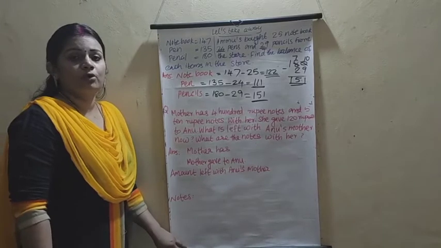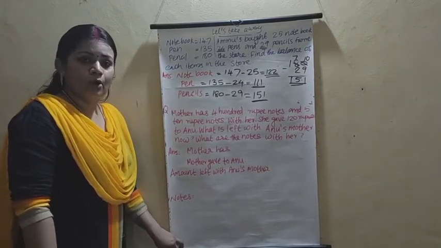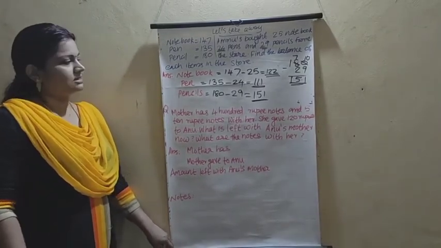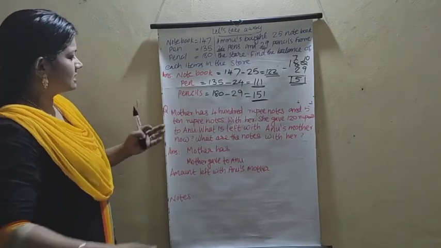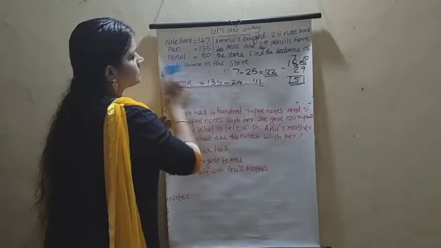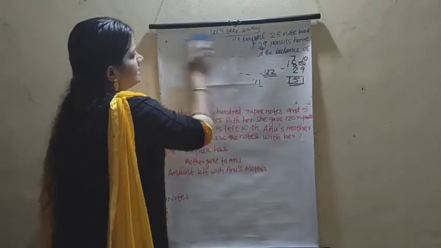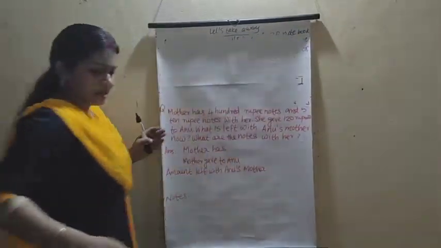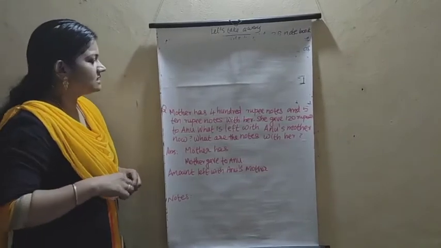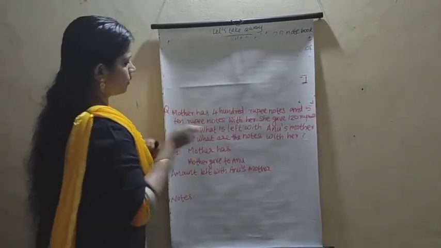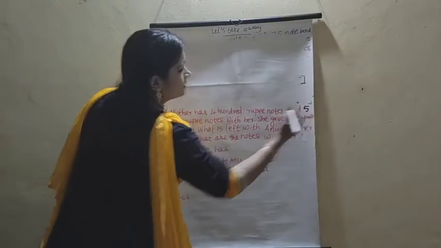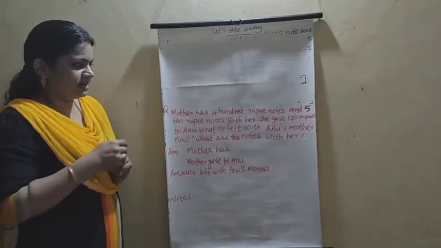Okay, on the stock board we are doing many problems, addition and subtraction. I hope you all understood the first section. Then what about the second question? The second question is: Mother has 400 rupee notes and 5 ten rupee notes with her.